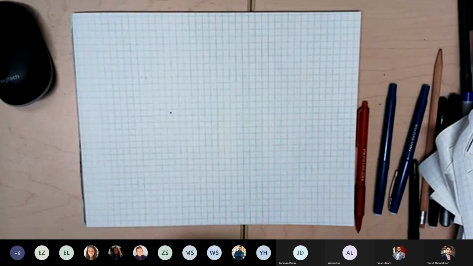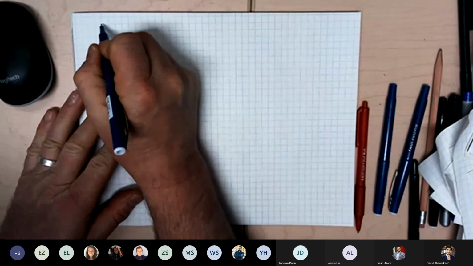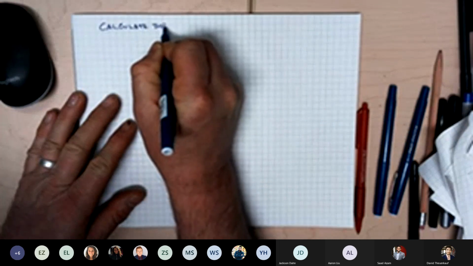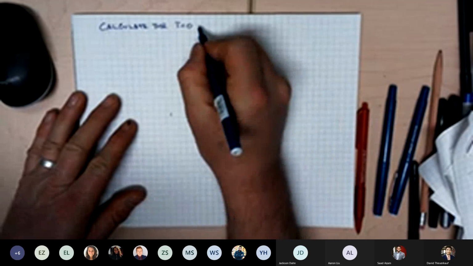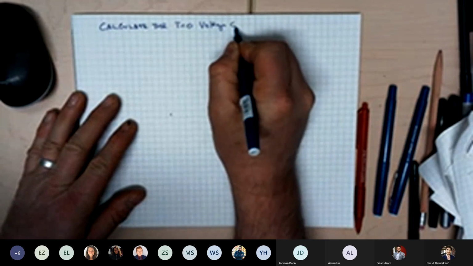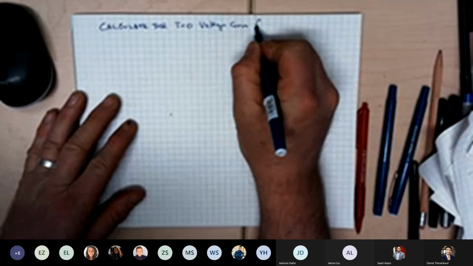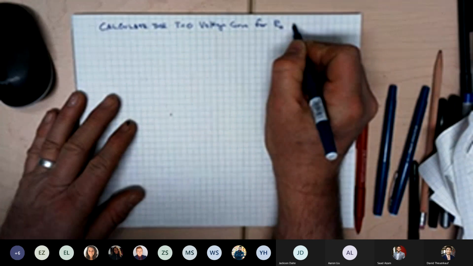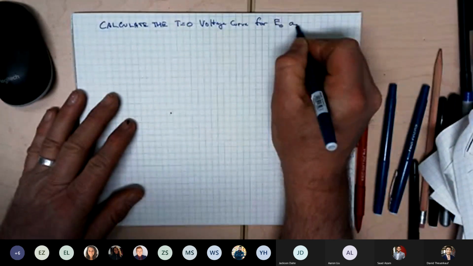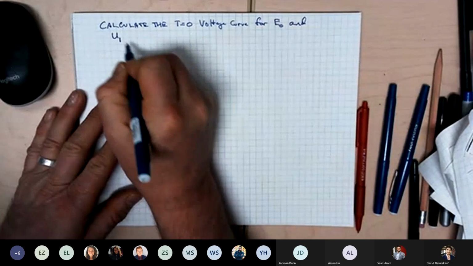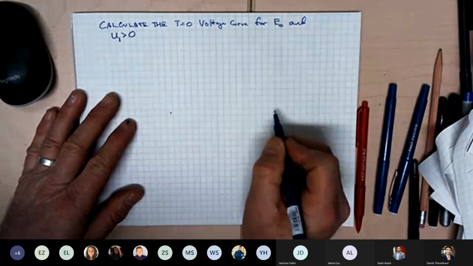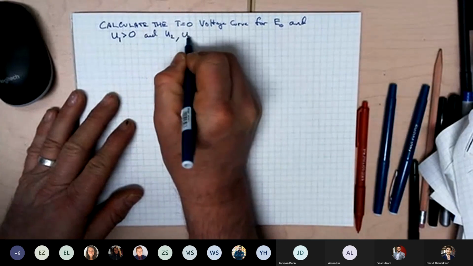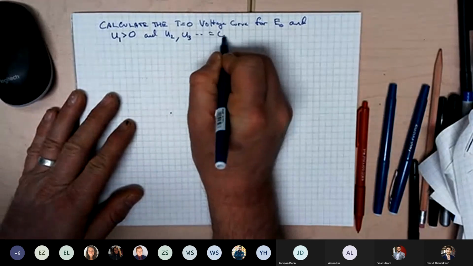So what I want to do now is calculate the T equals 0, so 0 temperature voltage curve for the case where you have a site energy E0 and the first neighbor interaction U1 greater than 0, so repulsive, and U2, U3, and so on, all of them equal to 0.